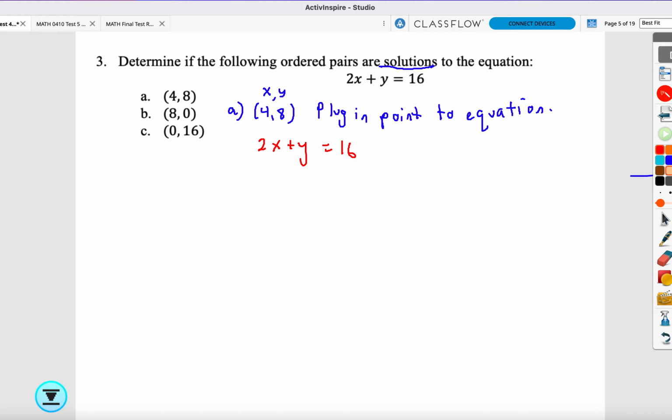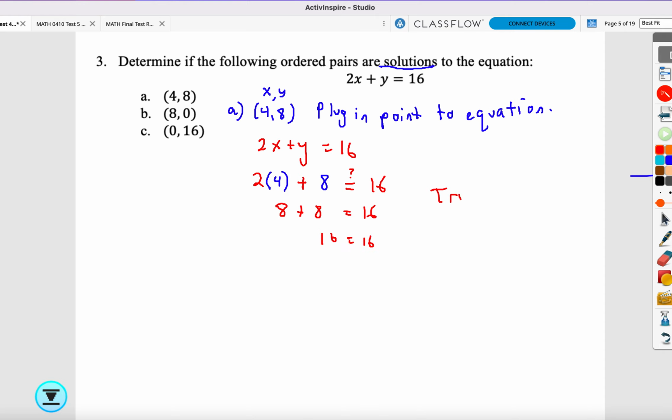Let's plug it in. So we have 2 parentheses x, and x is 4, plus y, and y is 8, equals 16. Put a question mark on the equal sign because we don't know yet. 2 times 4 is 8. So we have 8 plus 8 equals 16, which is 16 equals 16.